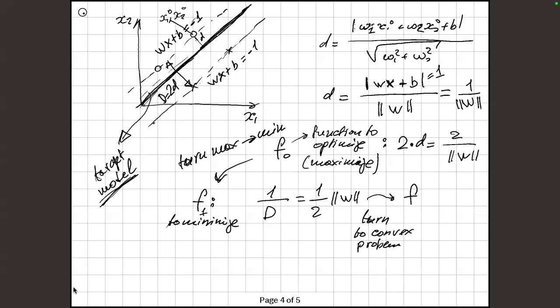So our function to minimize finally becomes 1 over 2 times the square of the norm.